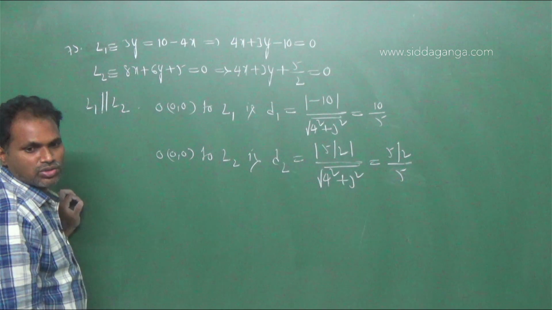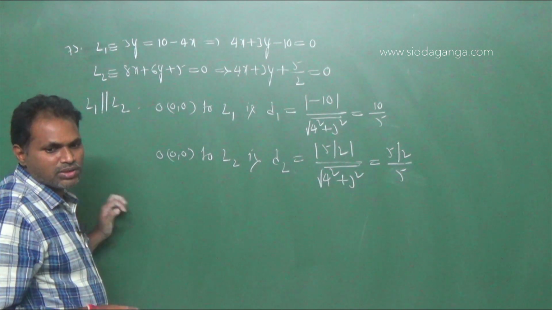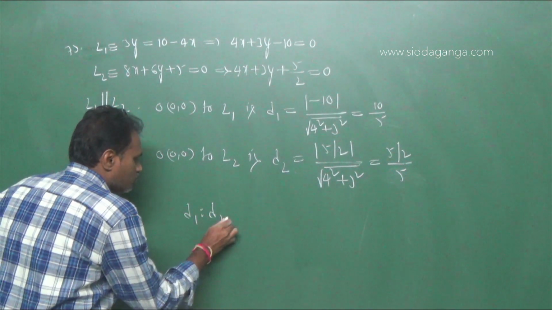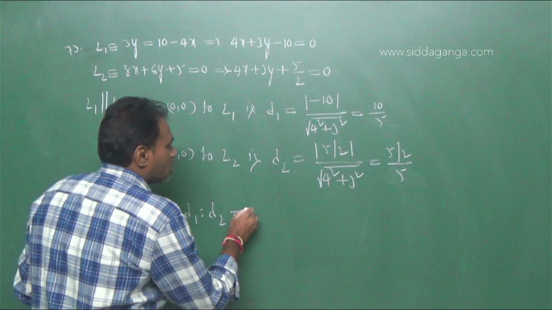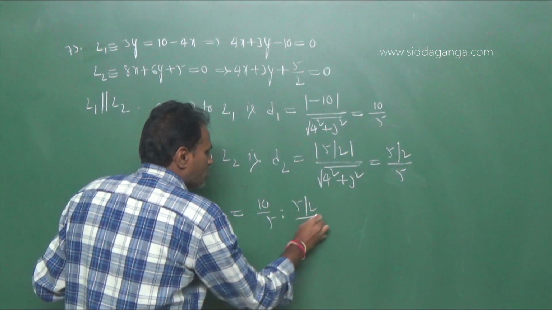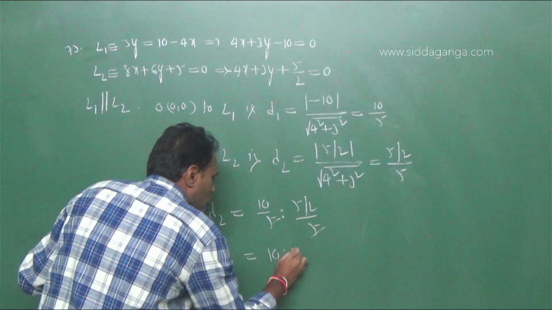Therefore, the ratio in which the origin divides line segment AB, that is D1 is to D2, equal to 10 by 5 is to (5 by 2) by 5. Now 5 will cancel, that is 10 is to 5 by 2.